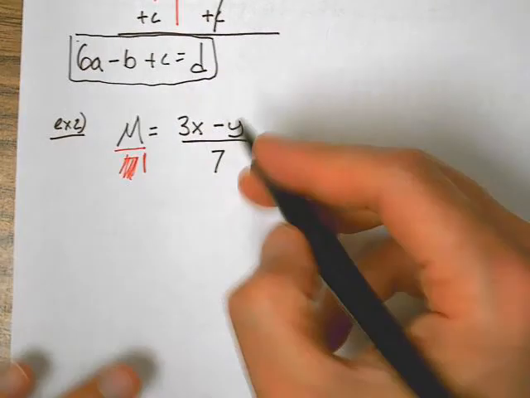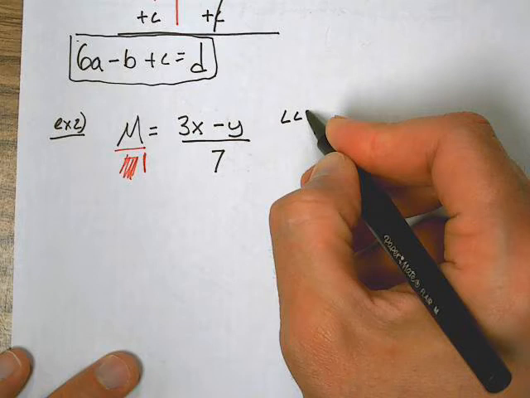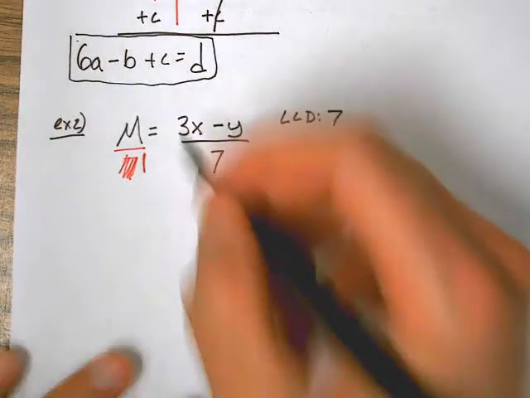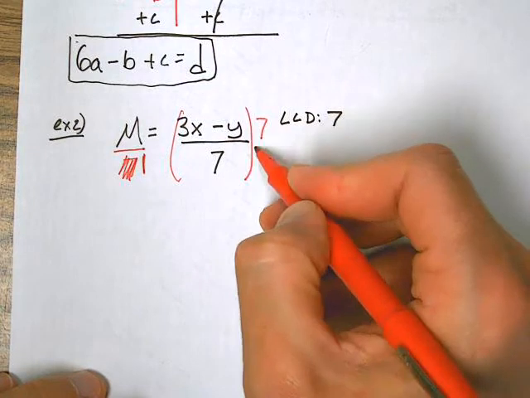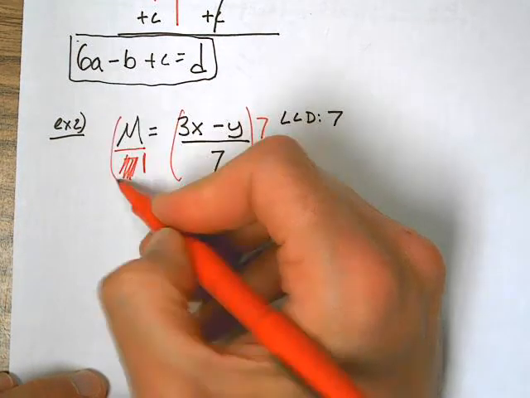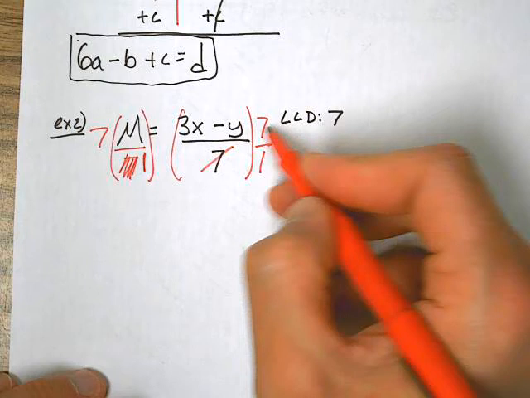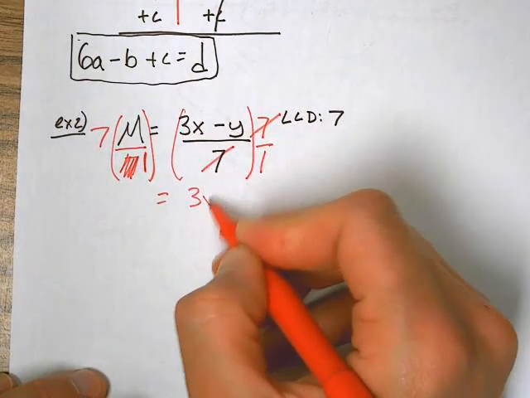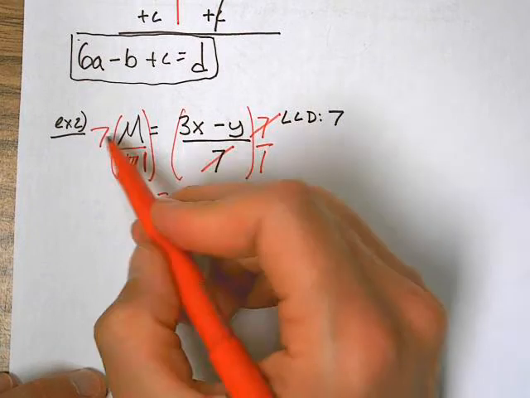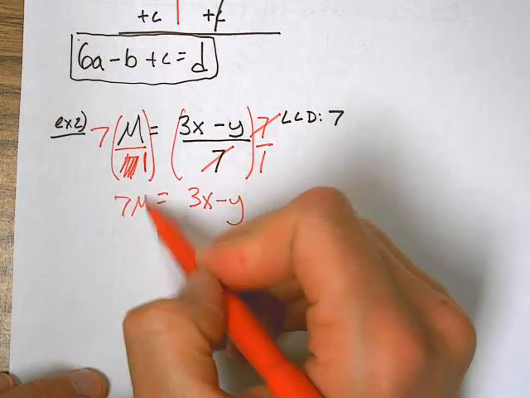I'm going to multiply both sides by that LCD, which is 7. I know that by doing that, if I multiply this fraction by 7 and this side by 7, these 7's will cancel, leaving 3x minus y and no more fraction, right? Over here, I'm just going to have 7M.